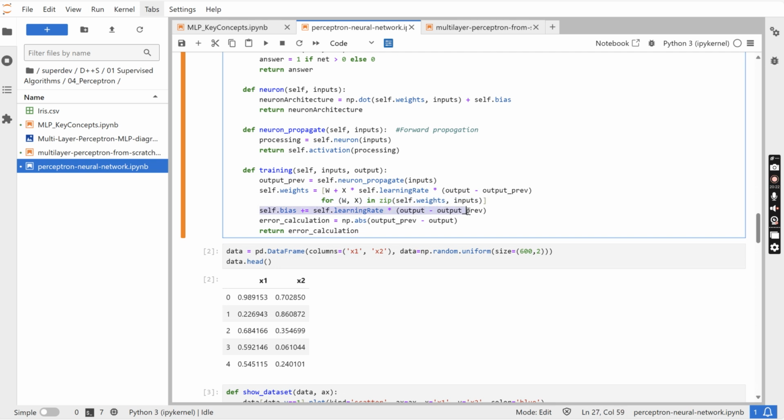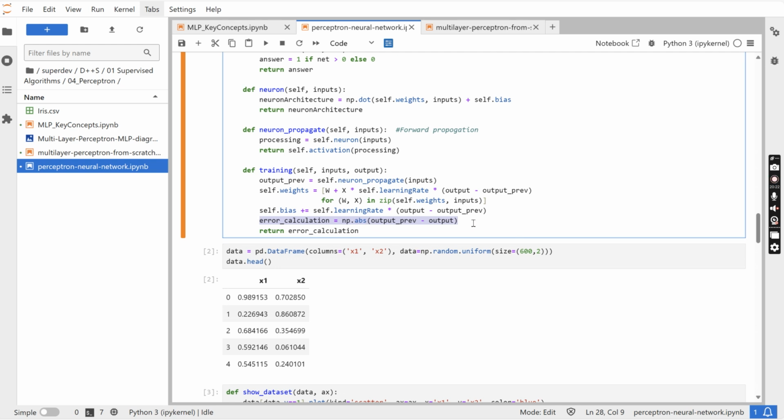Bias also you have to modify: decrease the bias by multiplying the learning rate with this residual. This is called the residual. Finally, you calculate the error by subtracting from the original output.